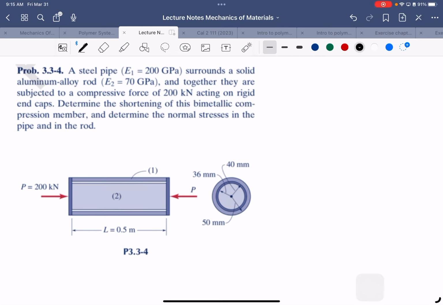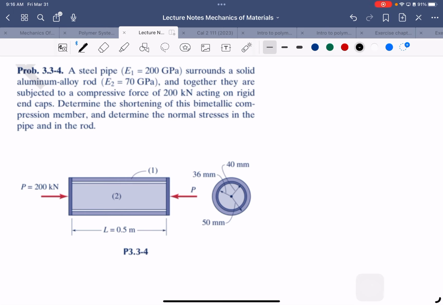You can try. The question is, if the pipe is given pressure from both ends, a compressive force of 200 kilonewton, we need to determine the shortening of this compression member, and also the normal stress at the rod and at the pipe.